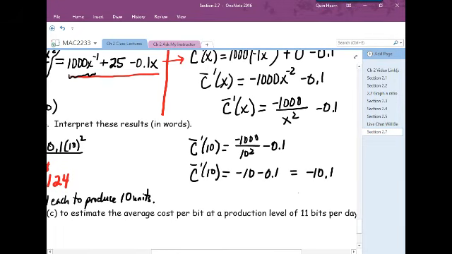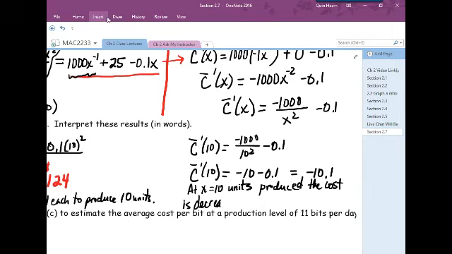So how do we interpret that? Well, remember, marginal is rate of change, right? This is approximately how much the cost per unit would go down if we increase the number of units by 1. So at this level of production, at X equals 10 units produced, the cost is decreasing, the average cost, I should say.